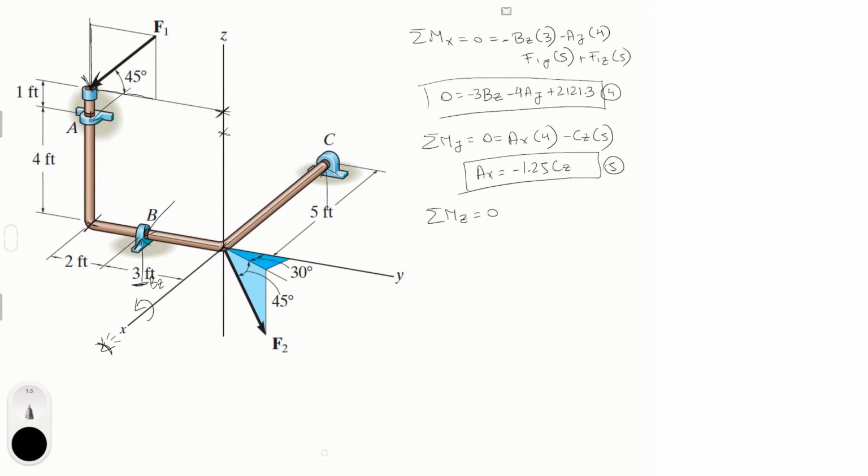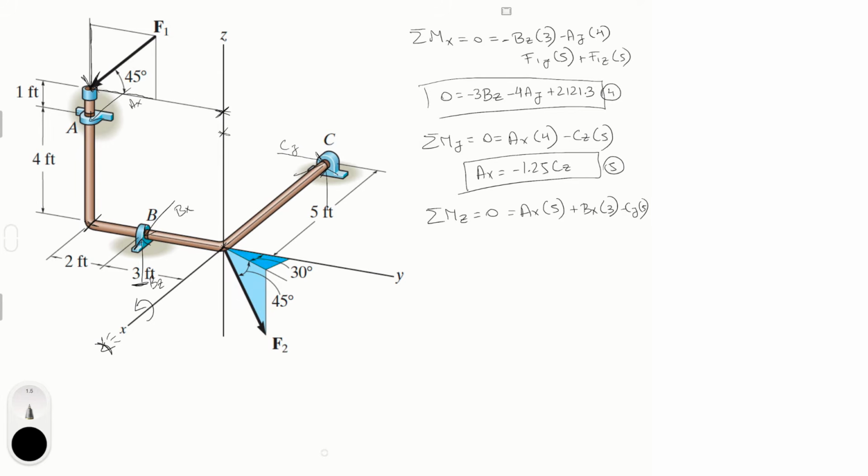Sum of the moments about the z is equal to 0. Now about the z, I'm going to move a little faster for this one. We got 5 times AX plus BX times 3 minus CY times 5. Let's draw them. AX is creating a moment about the z. BX is creating a moment about the z, and CY.